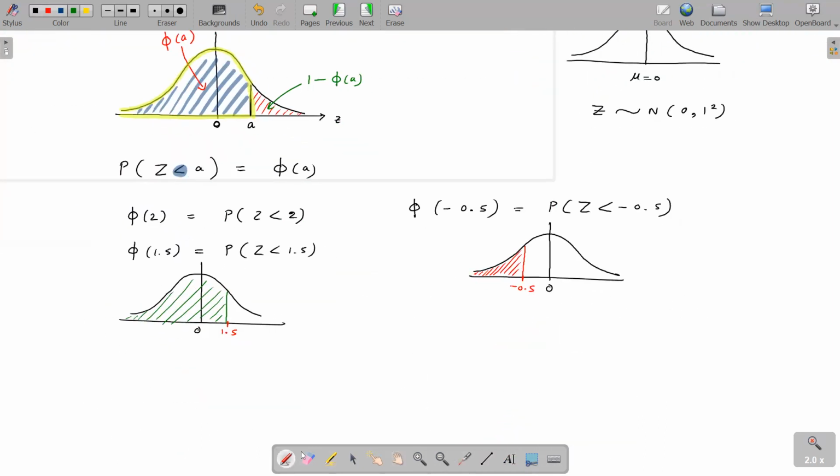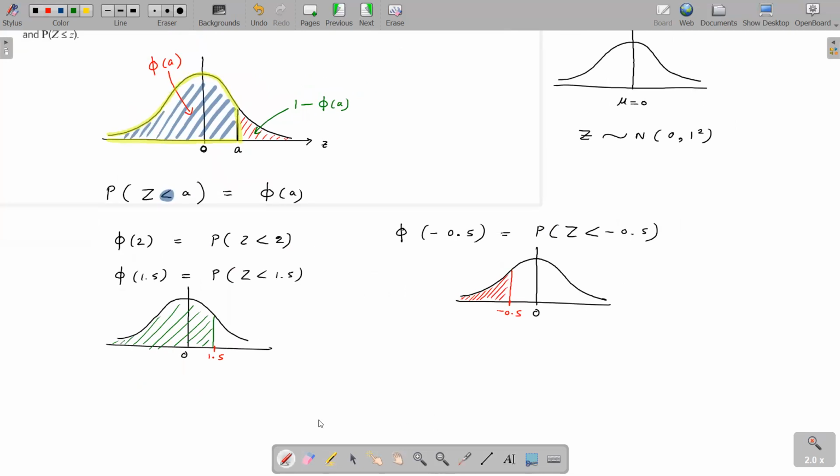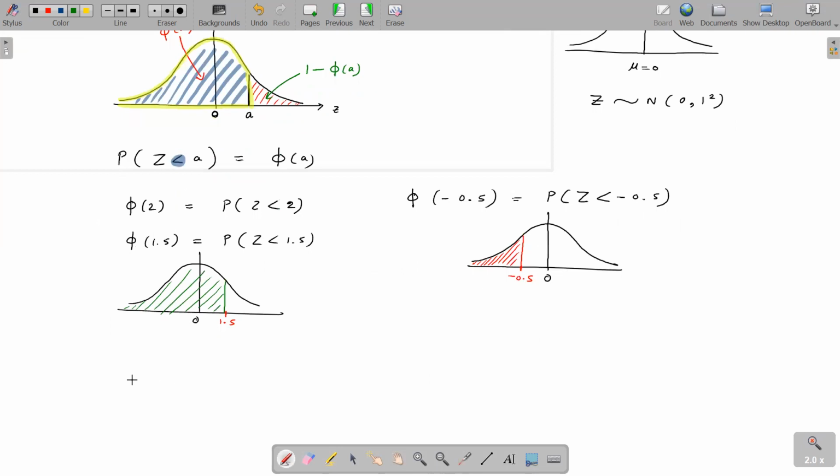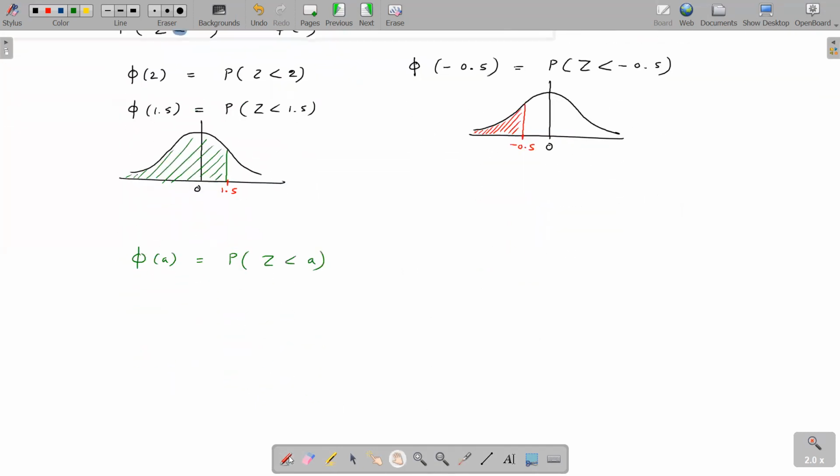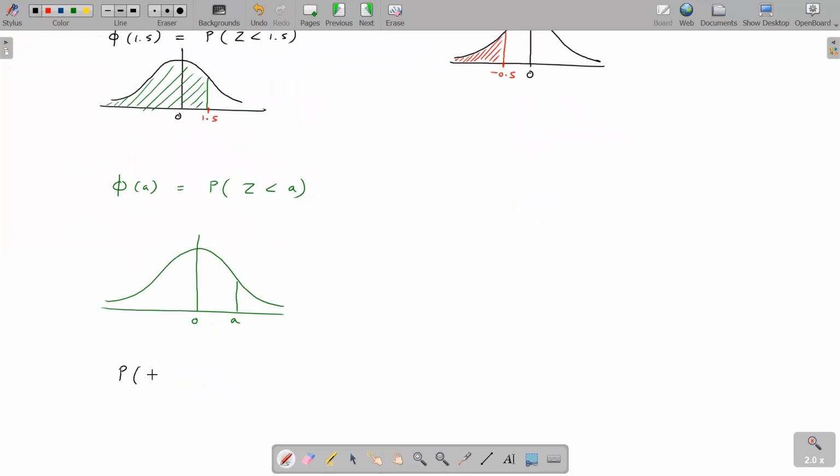So how do you denote this probability? For example, guys, now you saw that phi a is the area behind, right? So when you say phi a, it means that z is less than a. Referring to the graph, mean 0, this is the a. So phi a refers to the area behind. What if I ask: what's the probability that z is greater than a?